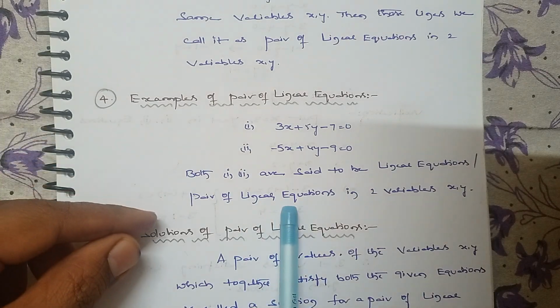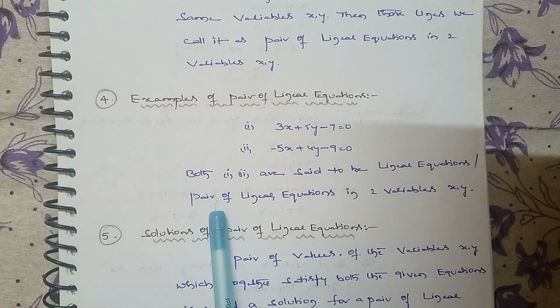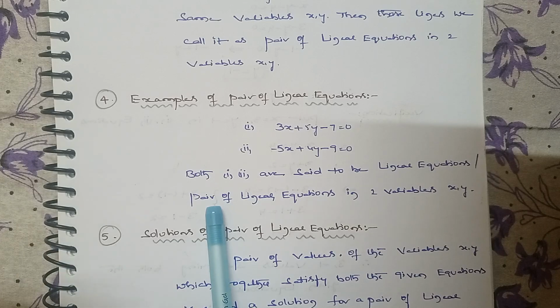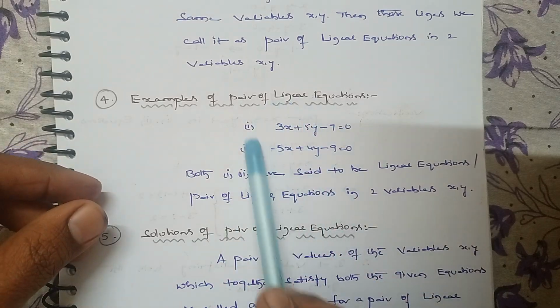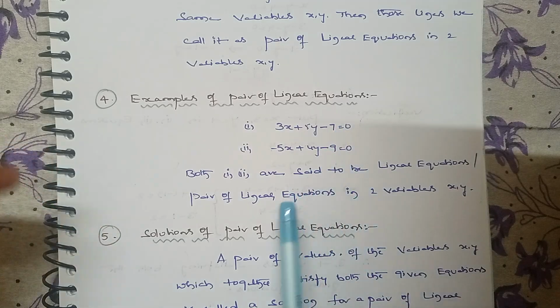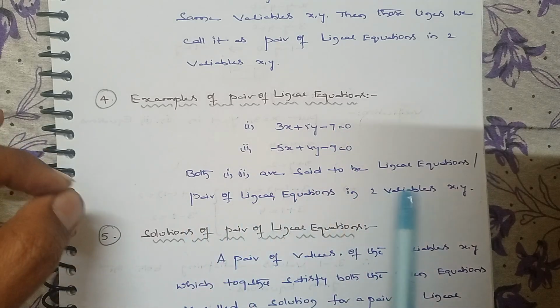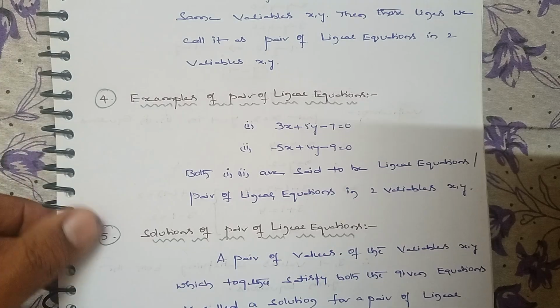Pair of linear equations in two variables. Pair means two, guys. In mathematics we use some terminology while discussing. Okay, we are talking about two equations at a time, so that's why we call it a pair of linear equations in two variables. That is an example of a pair of linear equations.